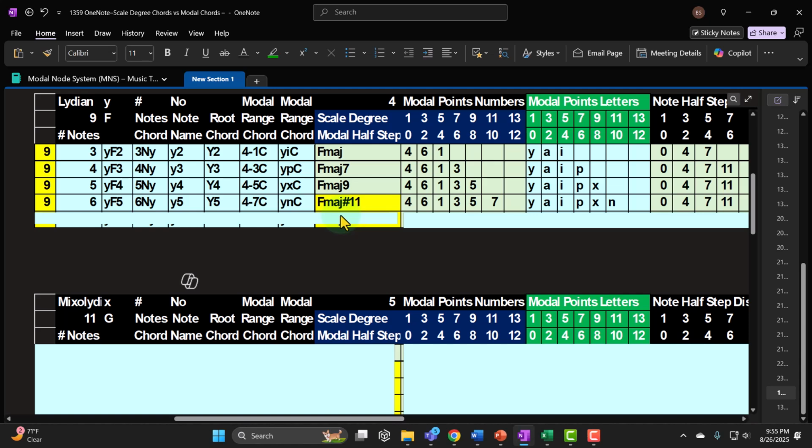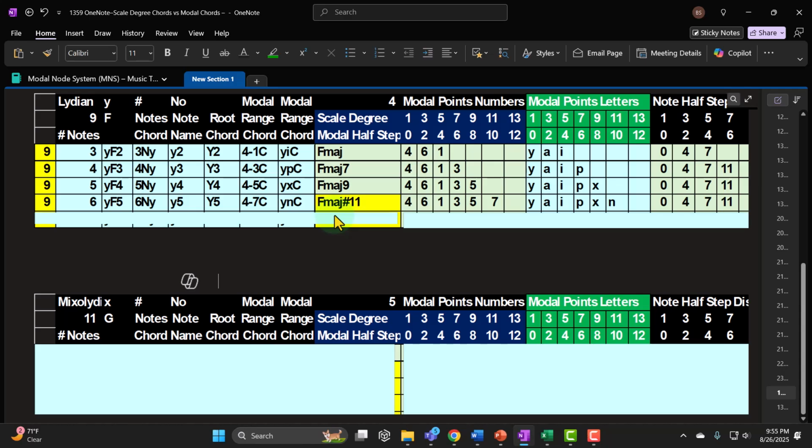So if it's an F major sharp 11, if I know that, I can say it's actually specific. I can say, oh, that looks like I'm playing a Lydian chord, right? It's not going to be an Ionian chord, because it doesn't have that sharp 11. And it's not going to be a Mixolydian, because it doesn't have the flat 7 in it. So I would know, but it's ugly.